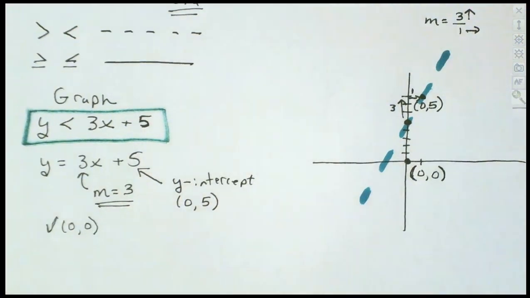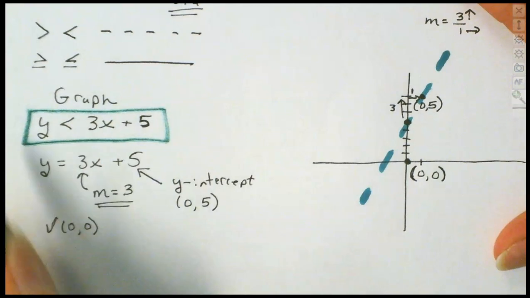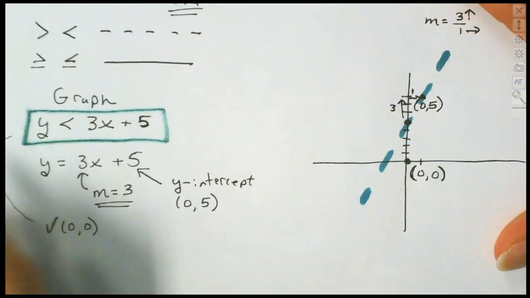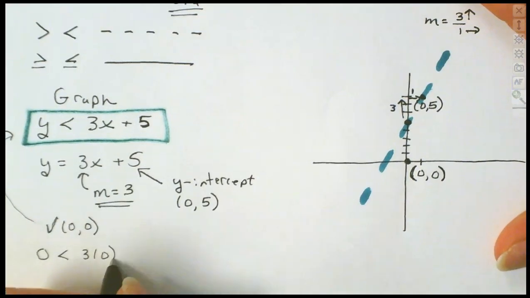So now we're going to plug it in and see what happens here. We're going to check (0, 0) in our original inequality, so we'll check it right up here. That's going to be 0 less than 3 times 0 plus 5.